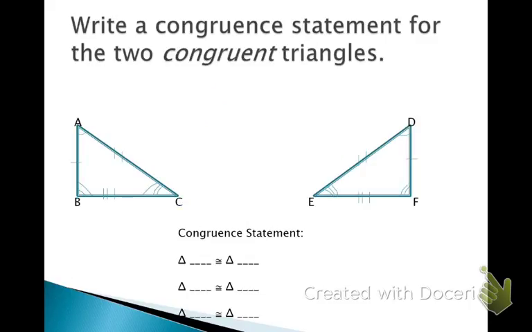So in naming these two triangles, let's start on the triangle on the left. Let's call it triangle ACB.